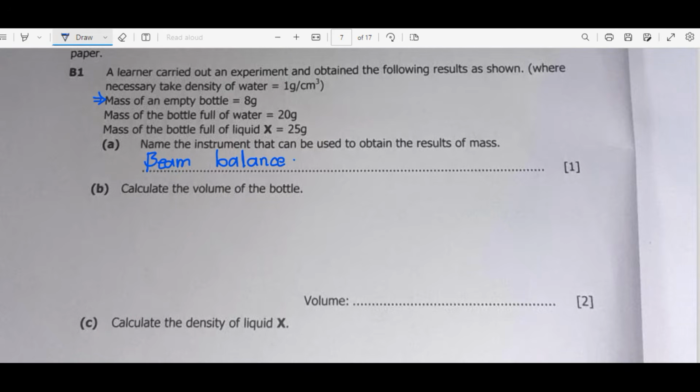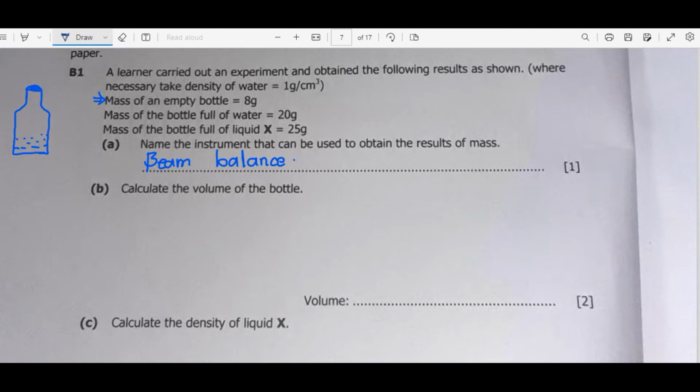So if we have a bottle like this, okay, so this is our bottle. Volume is defined as the total amount of space occupied. So the volume inside the bottle is equal to the volume of water.